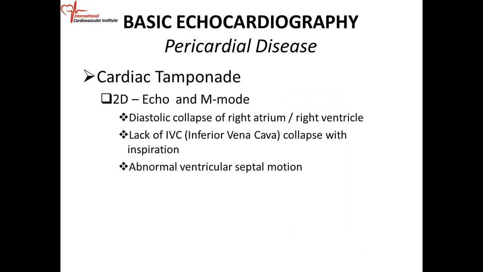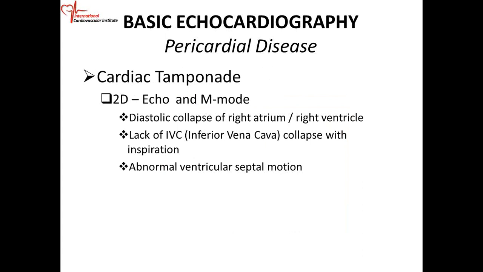With tamponade, the IVC is dilated, and you're not going to get your inspiratory collapse. Also extremely important is septal bounce or abnormal septal motion. So please look for it. Septal bounce, abnormal septal motion.